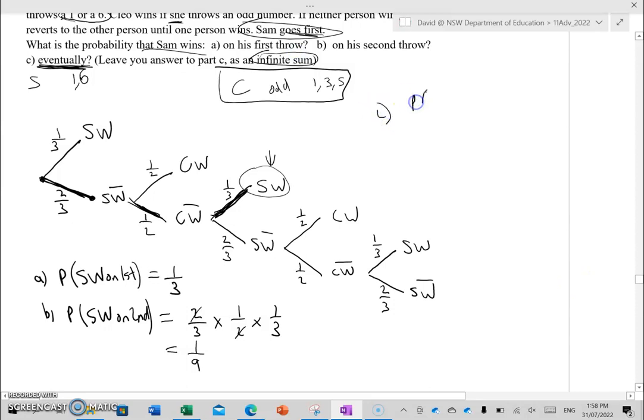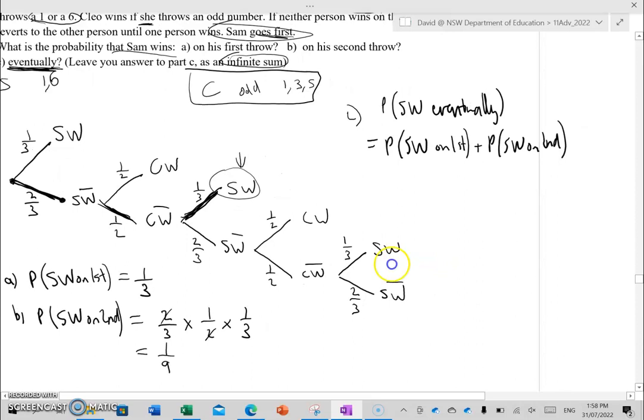So probability Sam wins eventually is going to be probability that Sam wins on first plus probability that Sam wins on second plus probability that Sam wins on third, etc. I'll put plus dot dot dot.